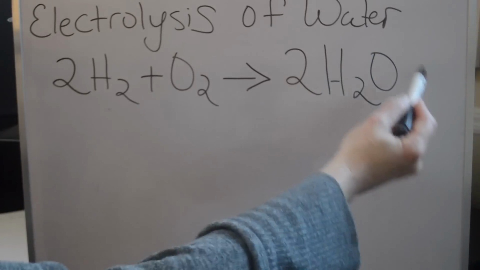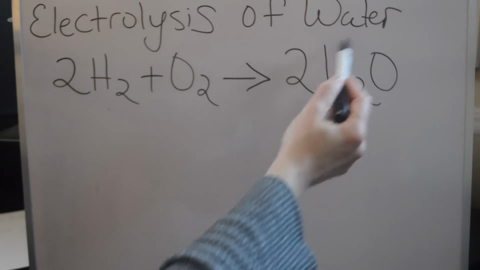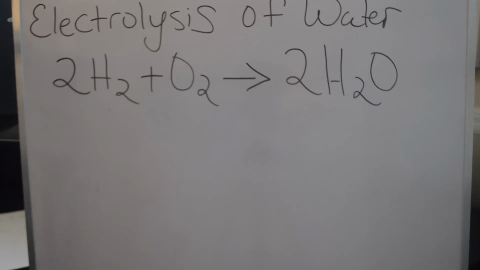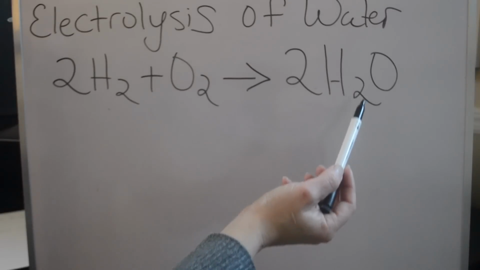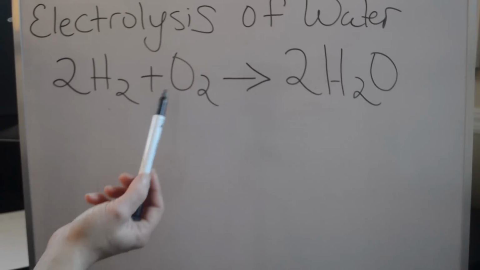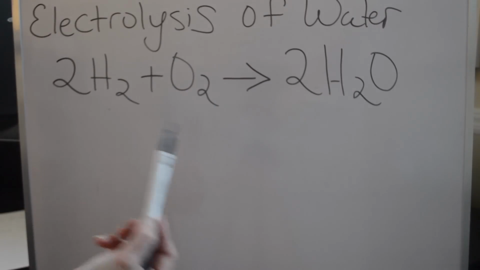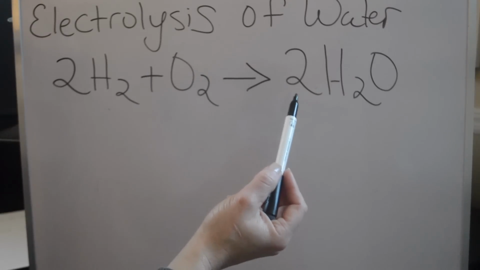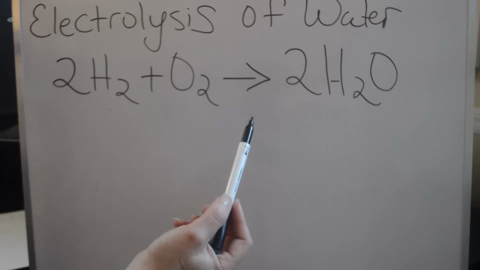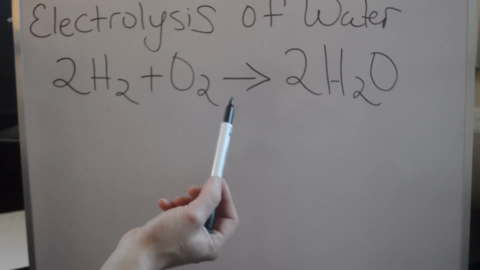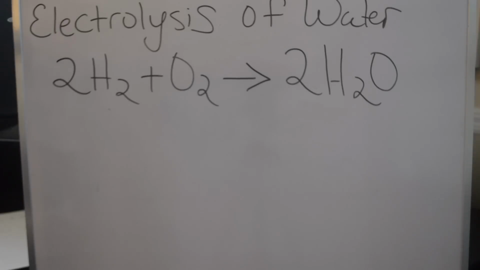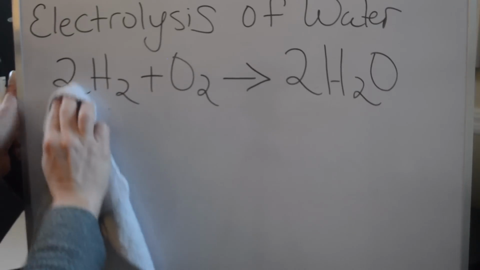We all know the symbol for water, H2O, right? Okay, so this is a simple process where water is formed by combining oxygen with hydrogen. Okay, this is a high activation energy reaction, and it is considered an exothermic reaction. Okay, great.